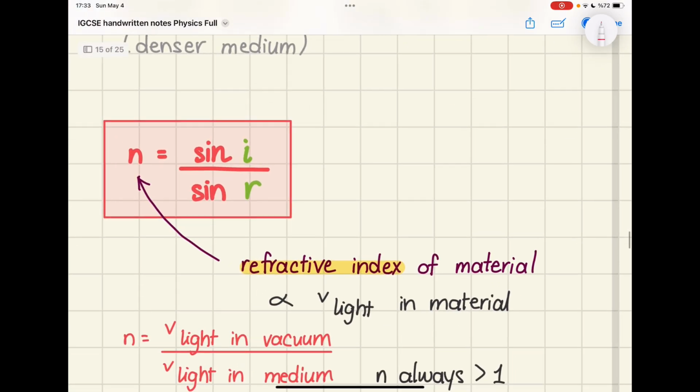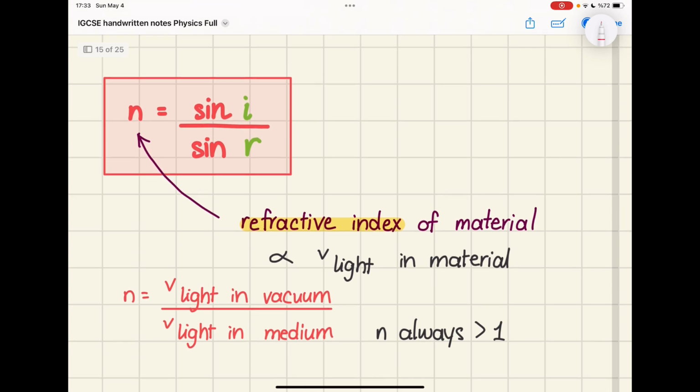Here, if we are wondering how much a certain medium will refract, therefore bend towards the normal, a ray of light entering it, we can use something called the refractive index of a material. So that is n equals sine i over sine r, the sine of the incident angle divided by sine r.